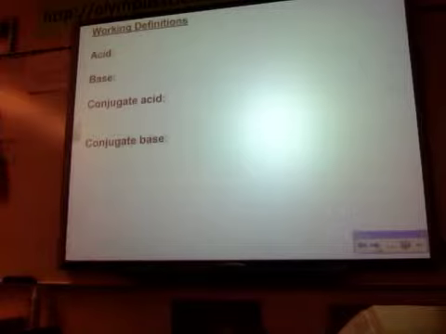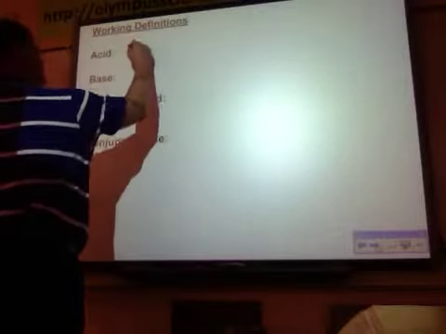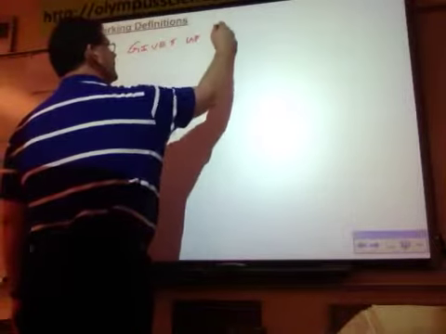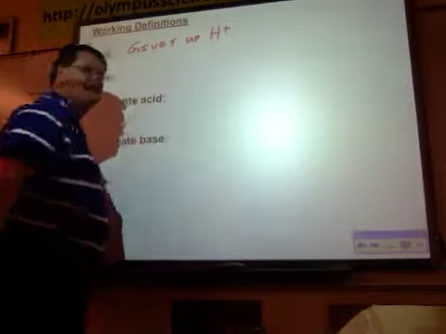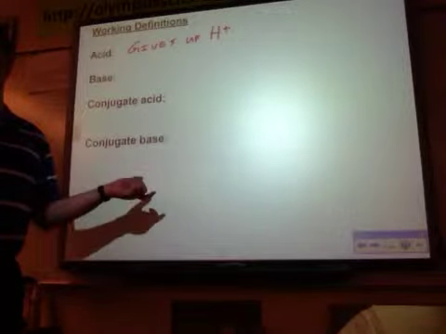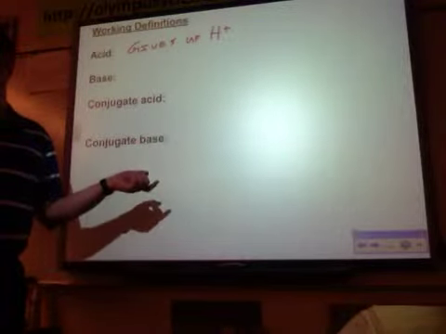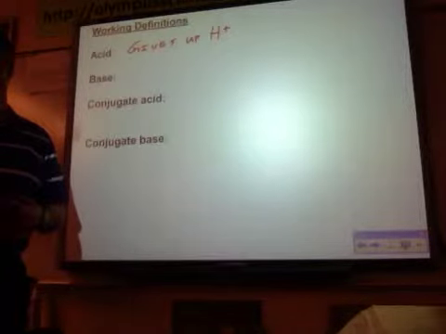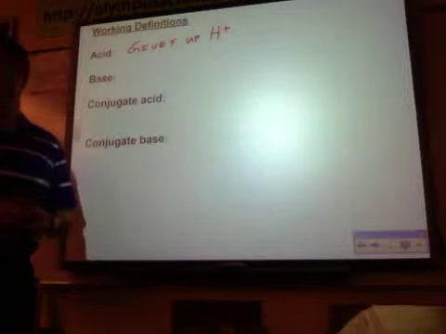Gives up a proton. So an acid gives up H+. If you're trying to identify in a chemical equation, an acid-base equation, what the acid is, it's whatever gives up or loses H+. Okay?